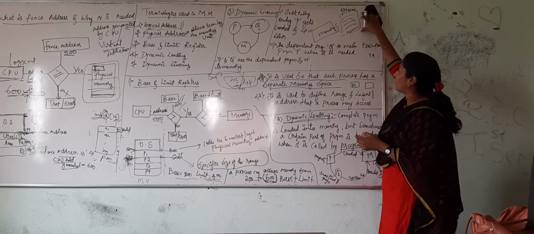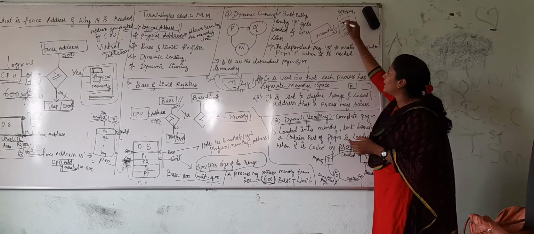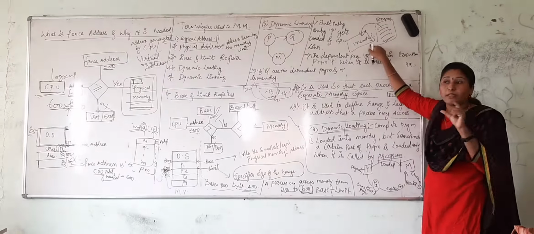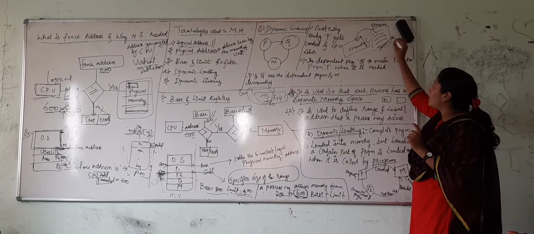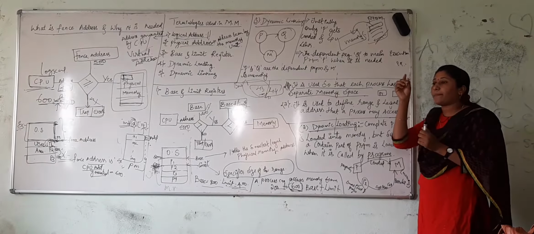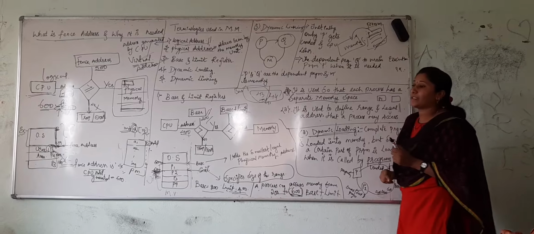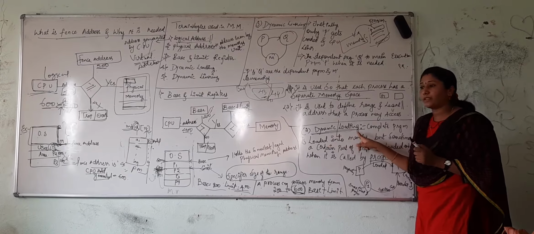Whatever the program is, the whole set of the program is loaded into the memory. This is normal loading. Dynamic loading, how does it happen? Sometimes only part of that function is called, and only that particular section is executed by using a system call. That is called dynamic loading.